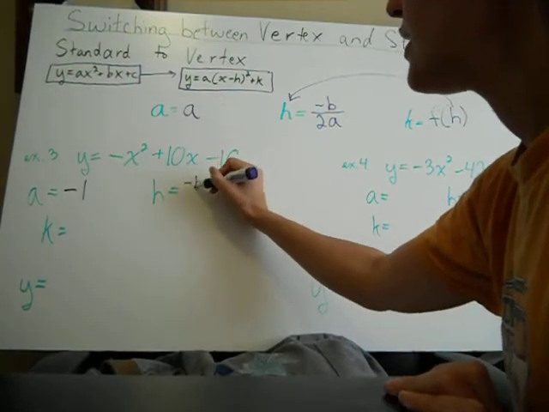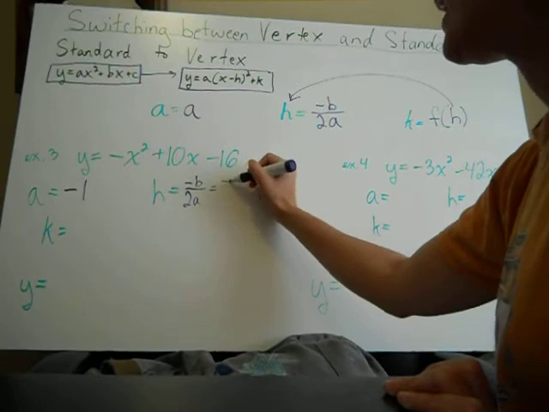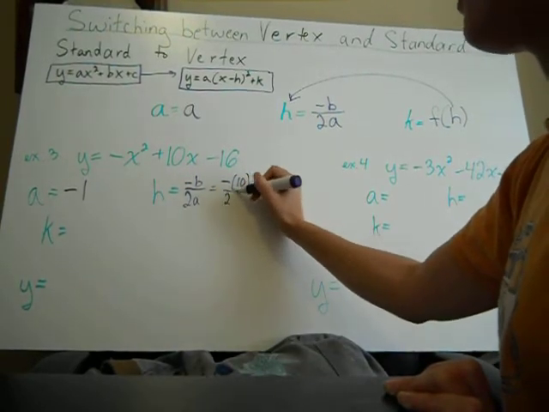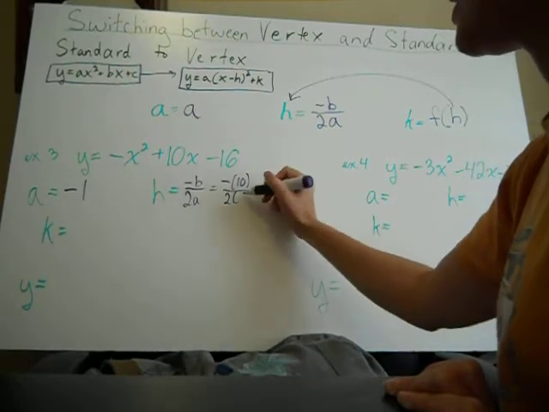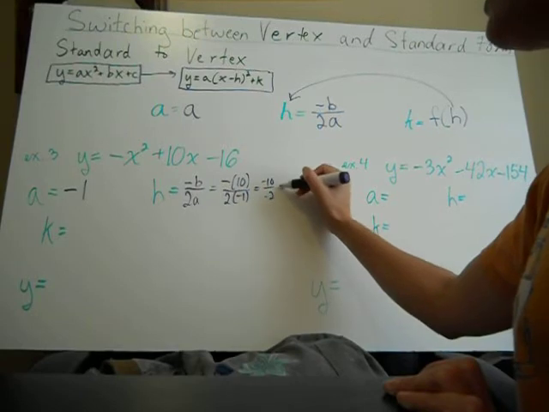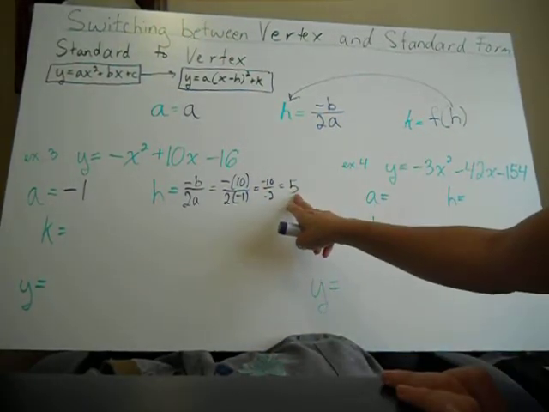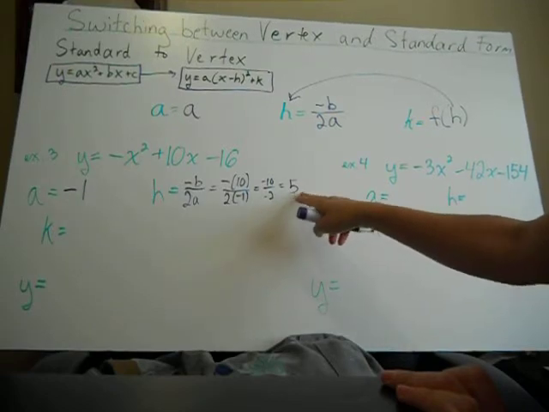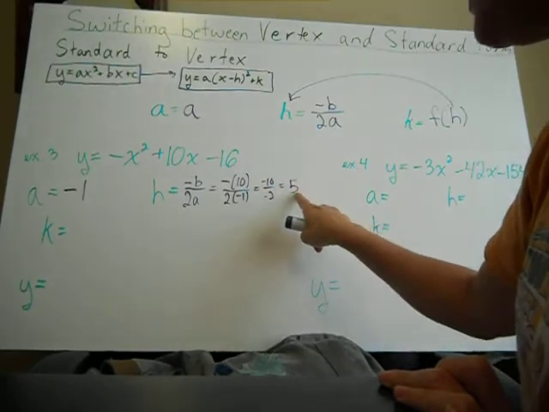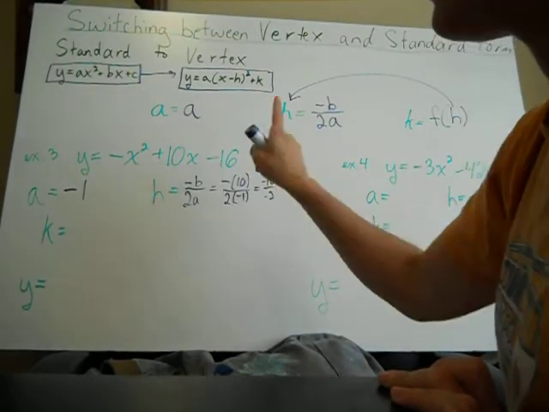So negative b over 2a gives us a negative, our b here is 10, over 2 times a, which is -1. Negative 10 divided by -2 is a positive 5. Now that we have h, which is 5, we're going to plug that into the function, because that's how we get k. We take 5 and we substitute it in for every single x in the function.